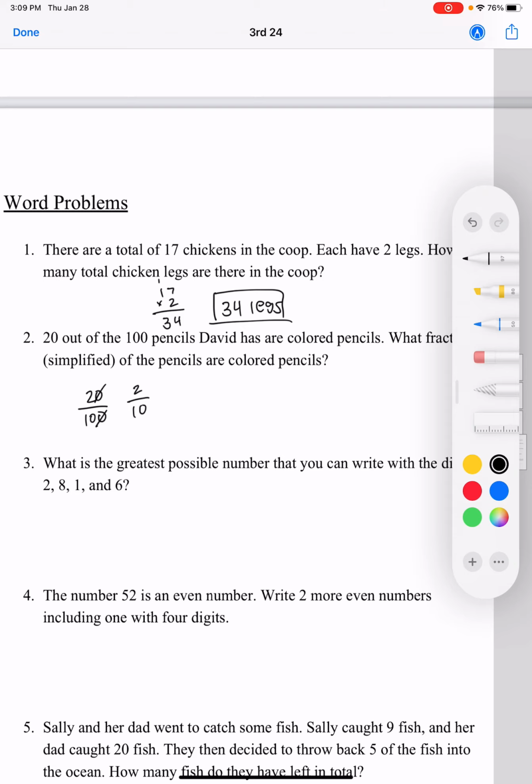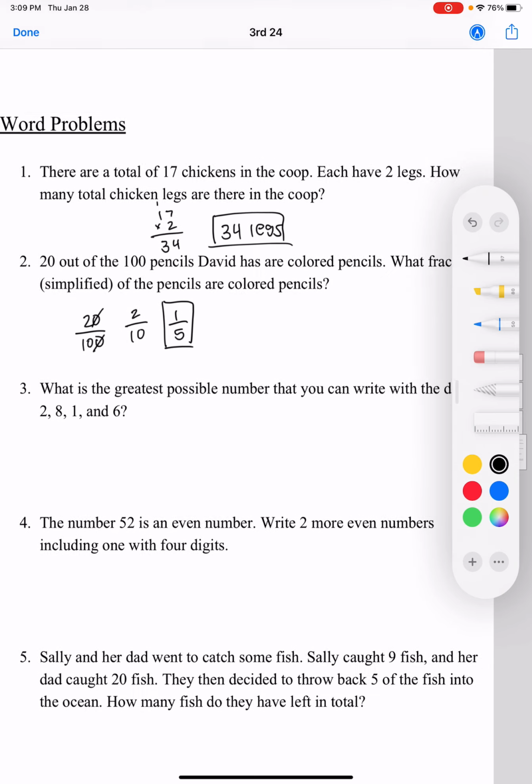If a fraction has an even number on both the top and the bottom, then it can still be simplified even further. In this case, it would be divided by 2. 2 divided by 2 is 1. 10 divided by 2 is 5. So your answer should be 1 out of 5 are colored pencils.